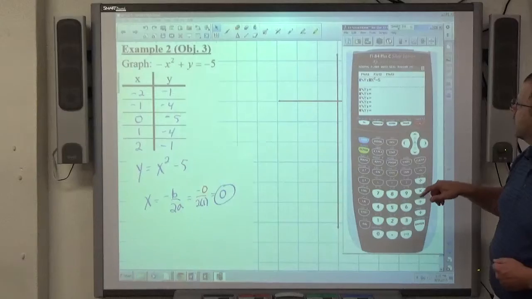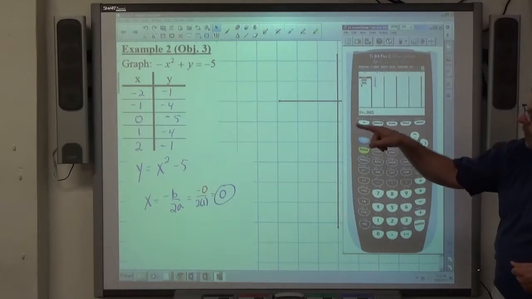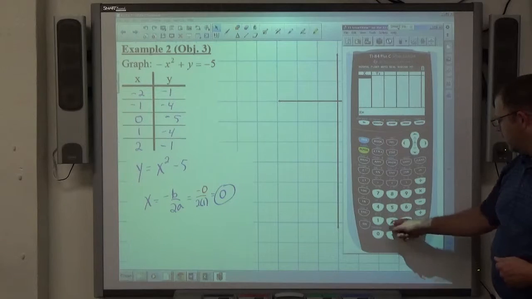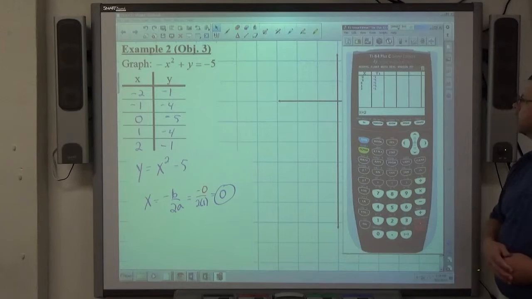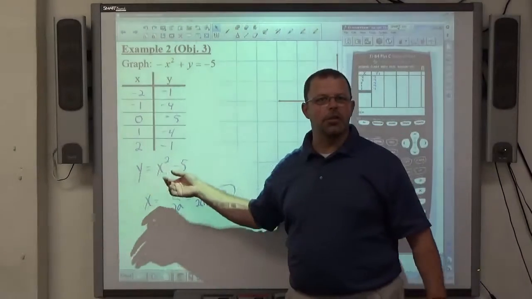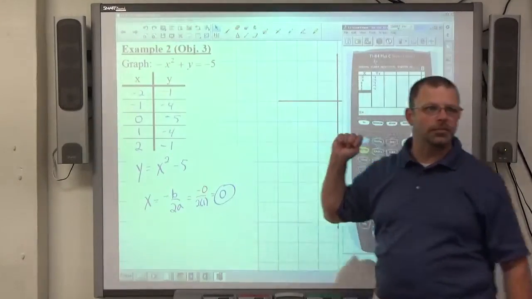Go to my table, and I enter those numbers. Negative 2, negative 1, 0, 1, 2. And I get my y values out. So feel free to use your calculators if need be. For that one, I hope you wouldn't use your calculator, but just know that you could. If it gets to be a little uglier than this, and you're graphing something uglier, if you can figure out the x's, you can figure out the y's.